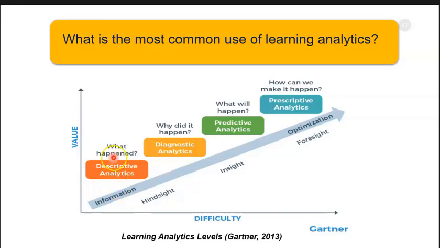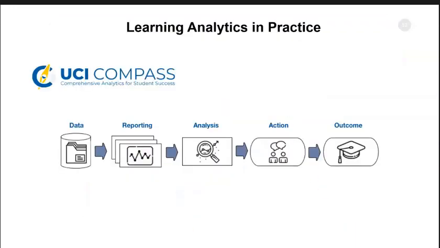First of all, it provides descriptive analytics of what happened in the learning process, and then it provides diagnostic analytics of why it happened, and then it provides predictive analytics of what will happen next, and then it will provide prescriptive analytics. How can we make it happen? How can we improve students' learning? How can we fill in the gaps in the learning among the students, and so on.